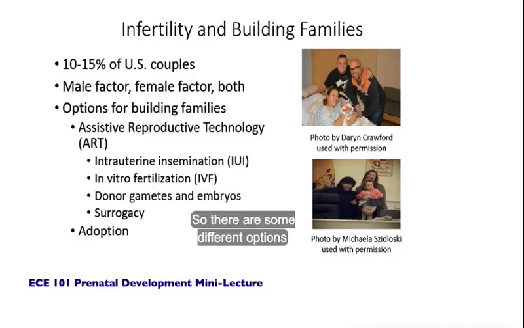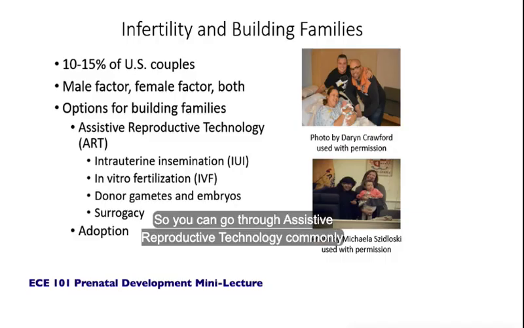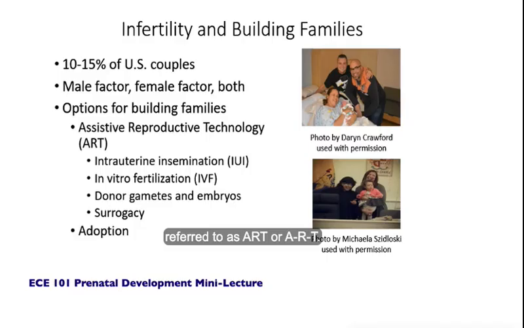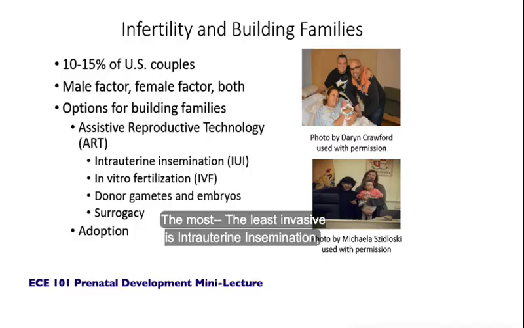So there's some different options for building your families. You can go through assisted reproductive technology, commonly referred to as ART. The least invasive is intrauterine insemination, which is where you just put the sperm directly into the uterus, so it doesn't have to go through the vagina and cervix, so you get it one step closer. If that's not effective or not indicated medically, you can go with in vitro fertilization.